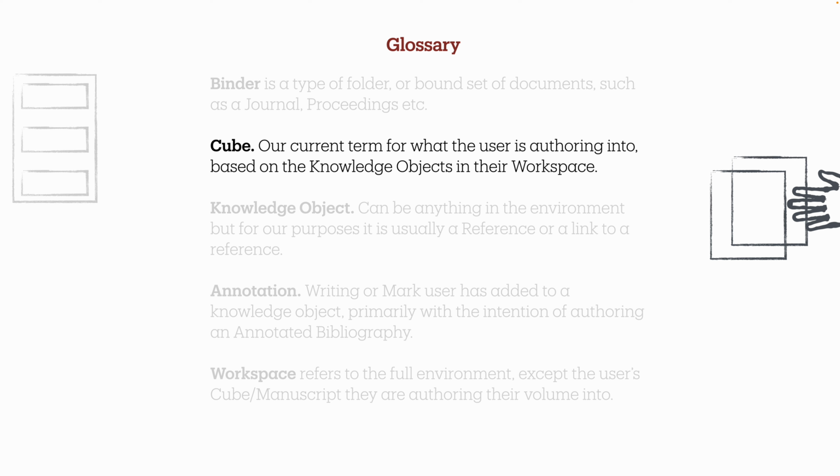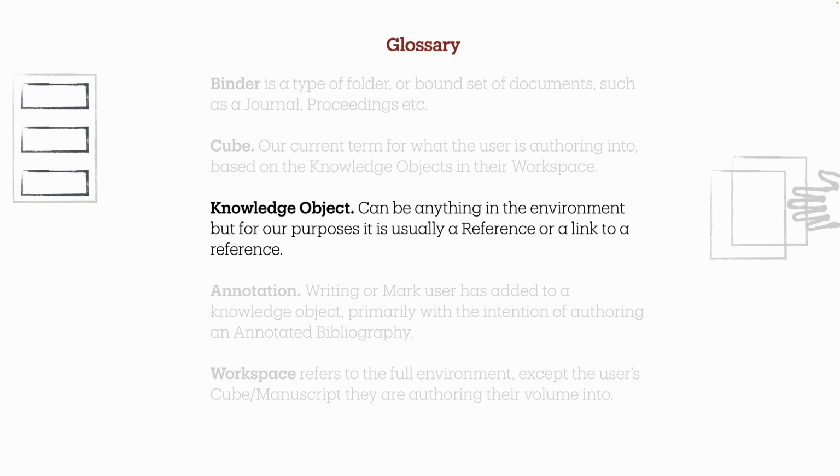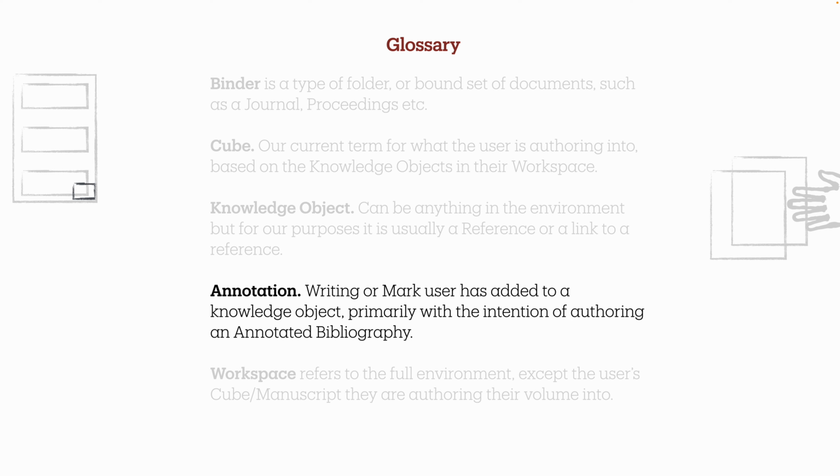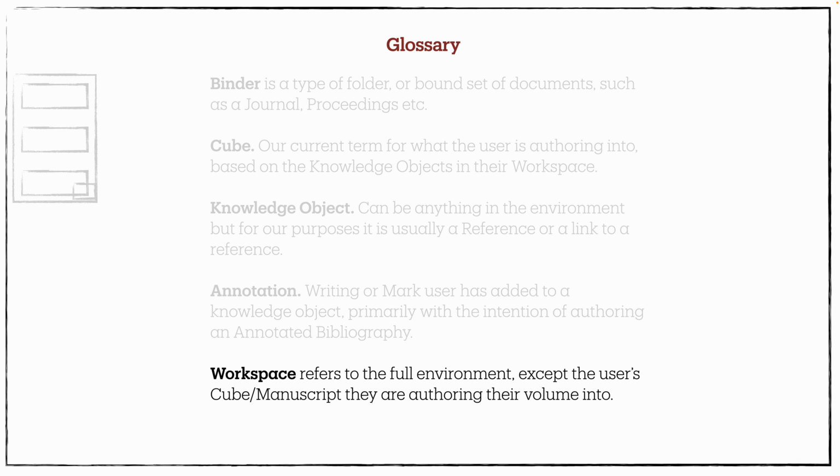It is the thing that you are making. A knowledge object can basically be anything, but for our purposes, it'll generally be a reference to some kind of a document or source. An annotation is what the user has written or marked a knowledge object with as a kind of a summary or evaluation, depending on what they're doing. If it's a summary, it'll be appropriate for an annotated bibliography.